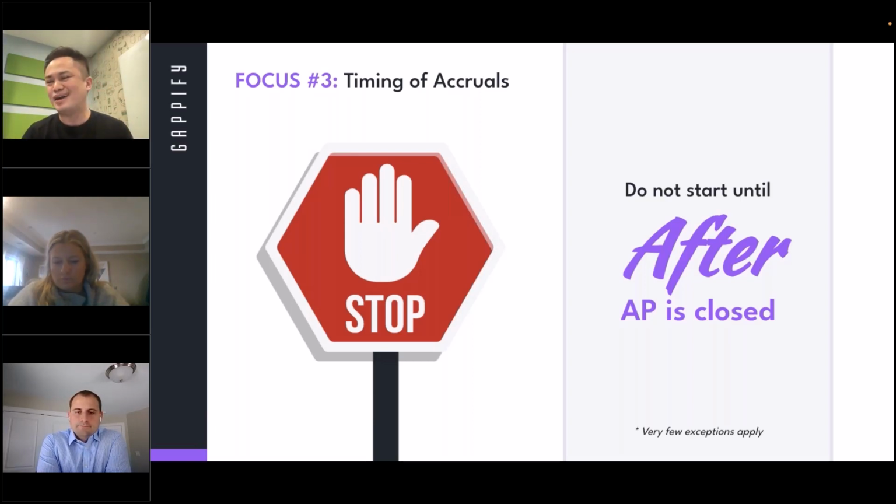So this is something I've seen really make processes clunky from an accrual standpoint. I influenced the graphic there, or I found the graphic itself. I wanted to make sure there was that red stop because this is so important to the success of accrual processes.